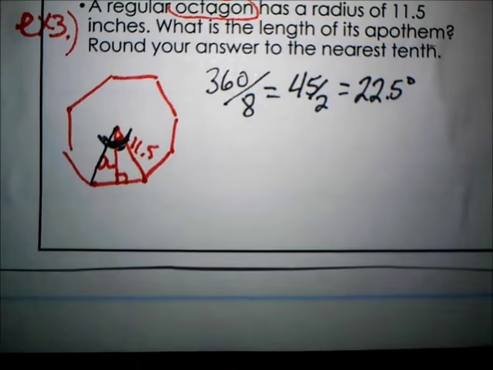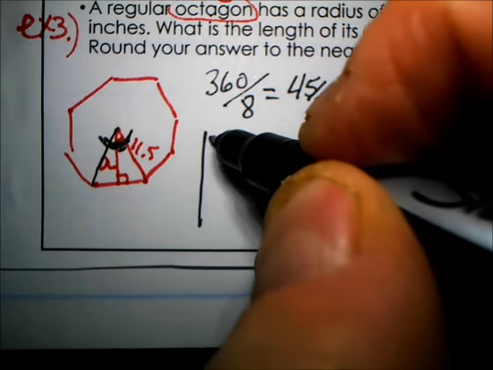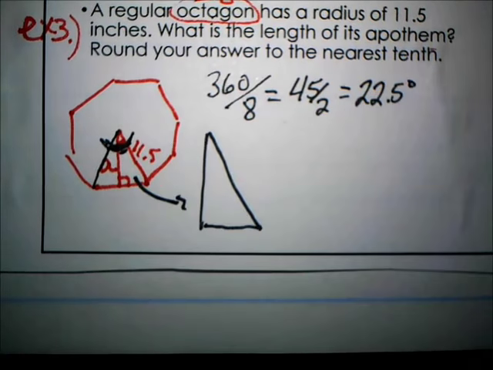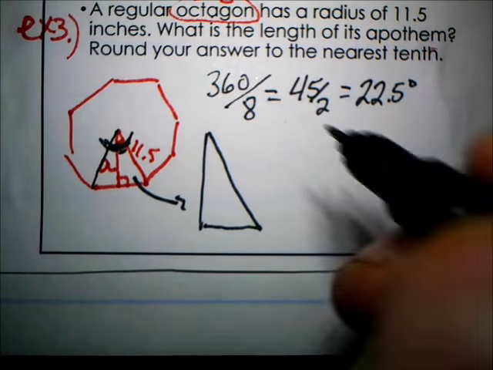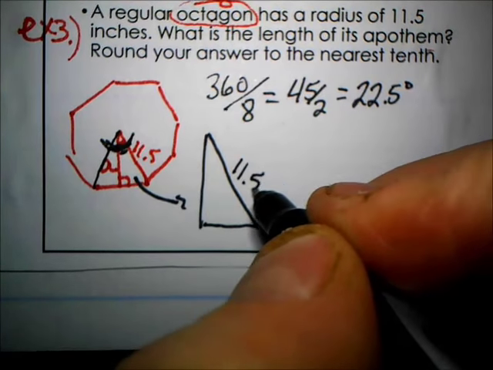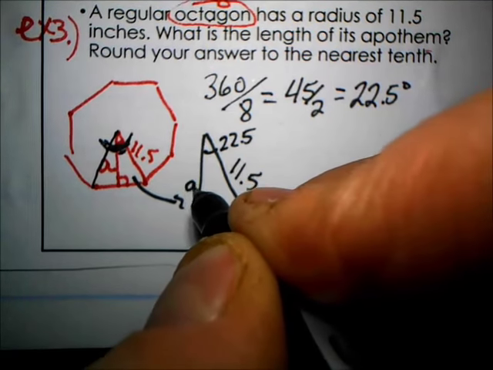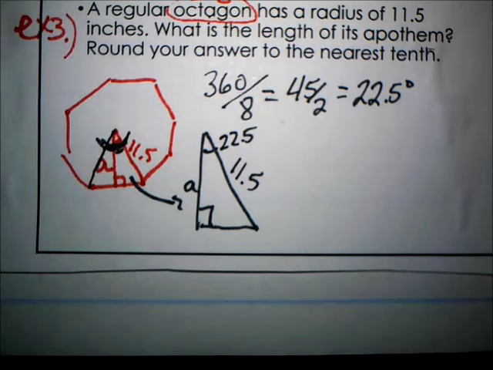So actually what I'm looking at, I'm going to draw a larger right triangle, which symbolizes that triangle right there. And then I'm going to say that this was 11.5. This angle at the top is 22.5, and I'm looking for this side with this being a right triangle.